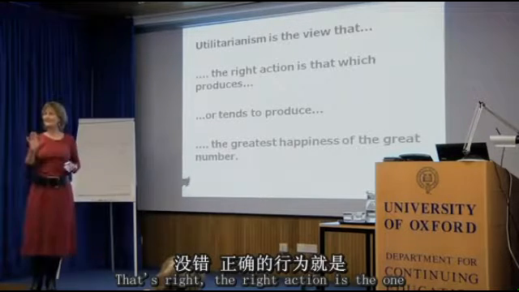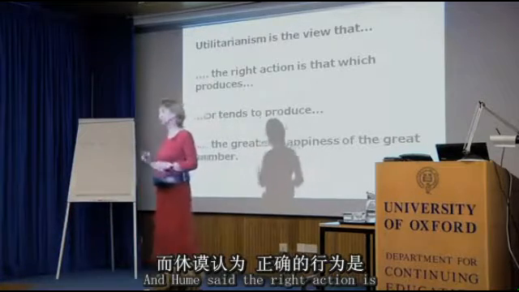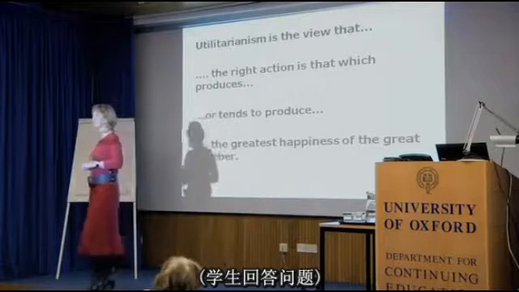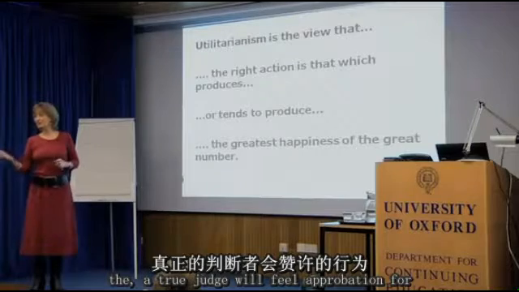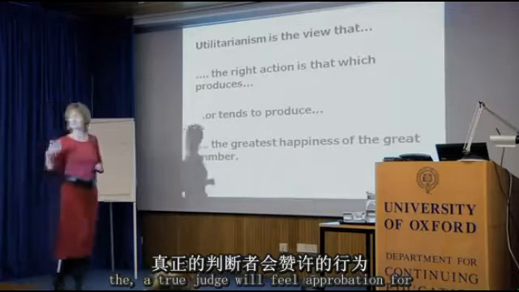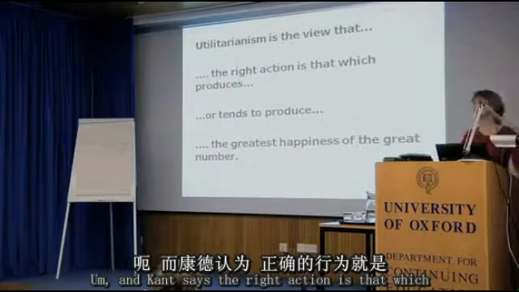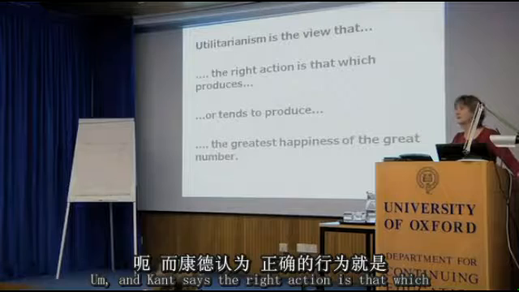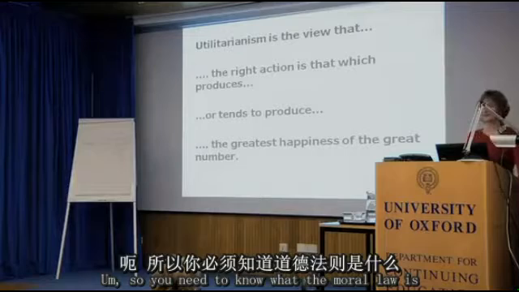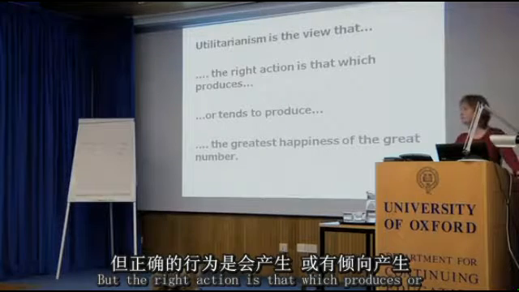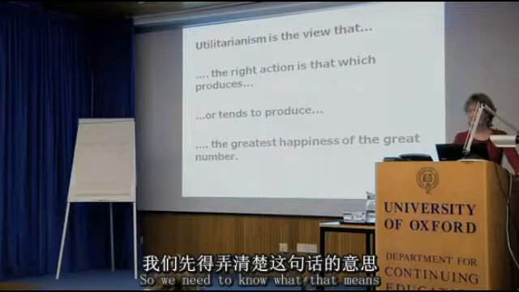The right action is the one that would be performed by a virtuous person, and Hume said the right action is the action that a true judge would feel approbation for. And Kant says the right action is that which accords with the moral law, so you need to know what the moral law is. But the right action, for the utilitarian, is that which produces or tends to produce the greatest happiness of the greatest number. So we need to know what that means.